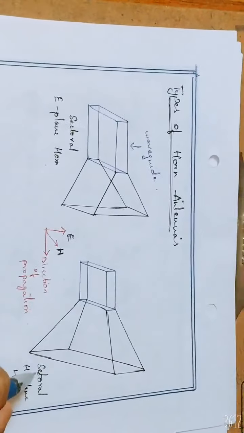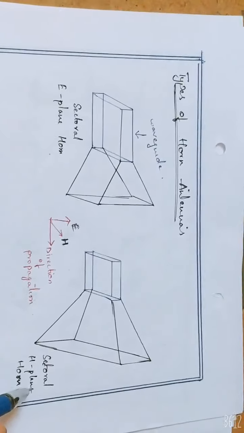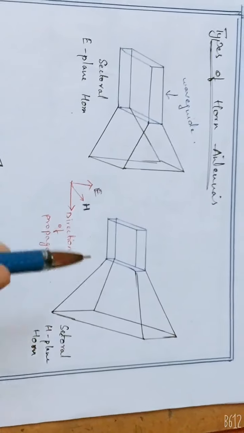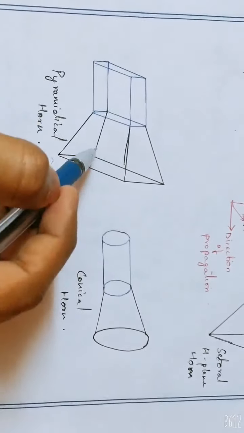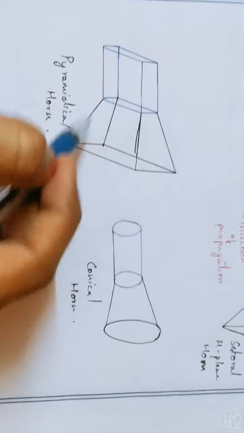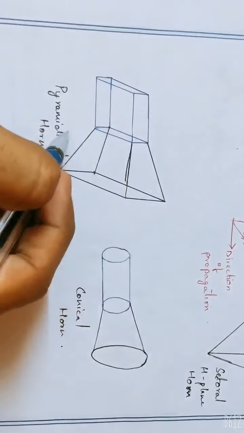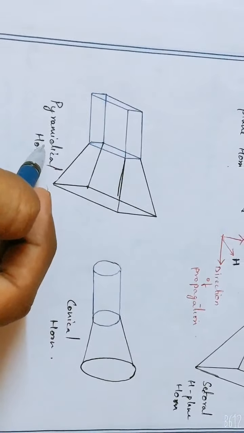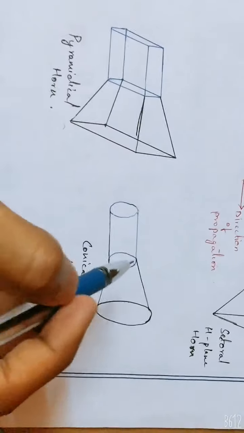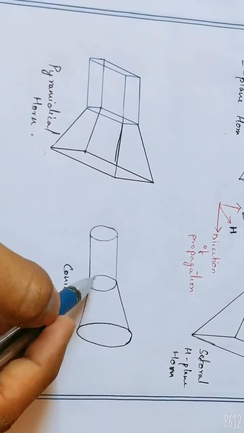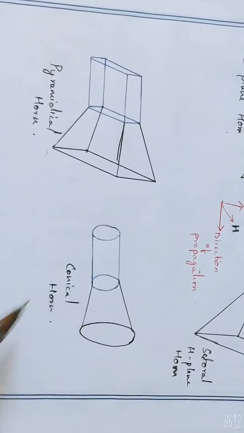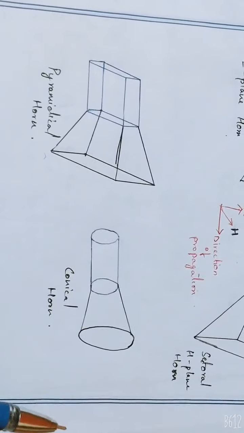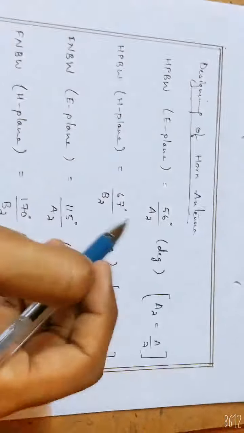This is known as a sectoral H-plane horn. If we apply flaring in both directions, it will look like this, and it is known as a pyramidal horn. And if flaring is done in a circular direction, then it is known as a conical horn. Now we will proceed with another topic, designing of the horn antenna.